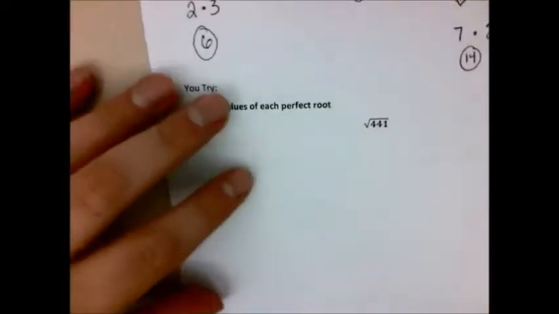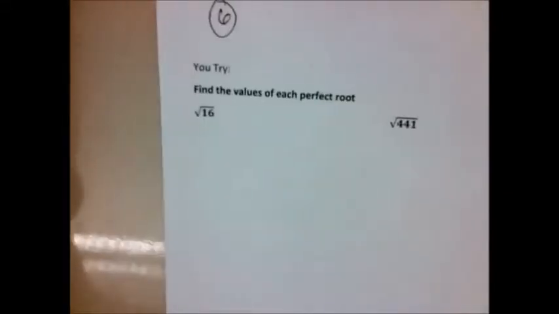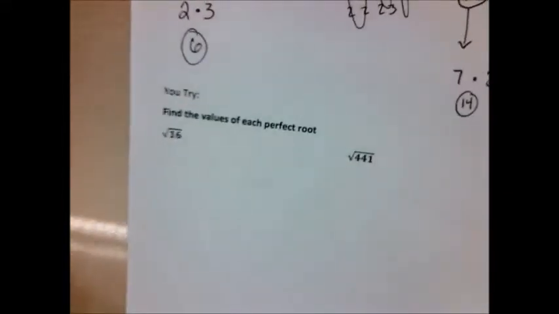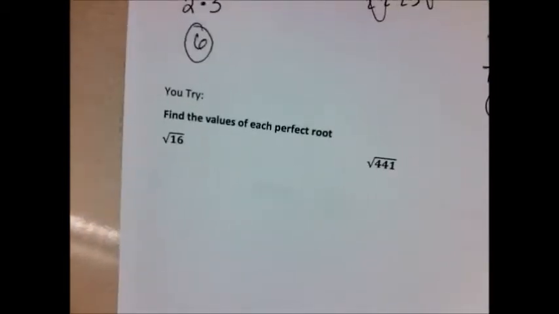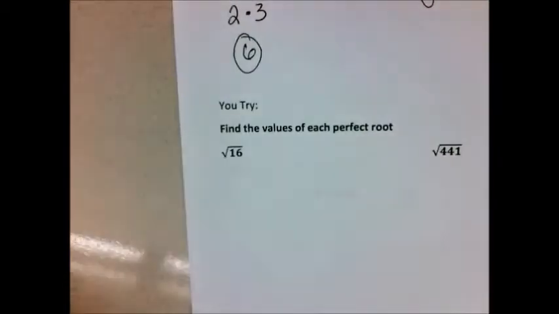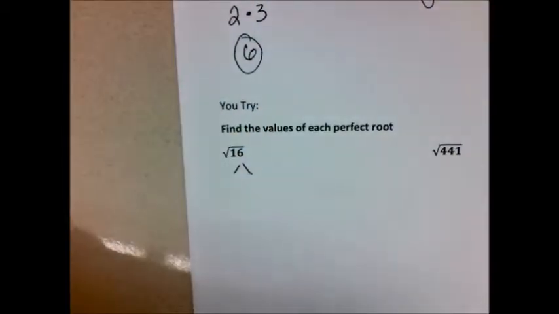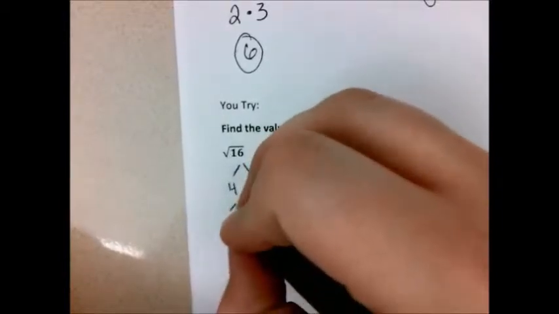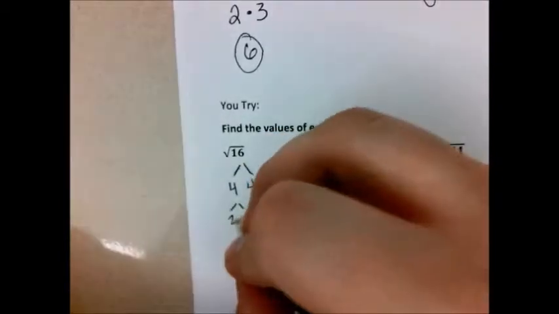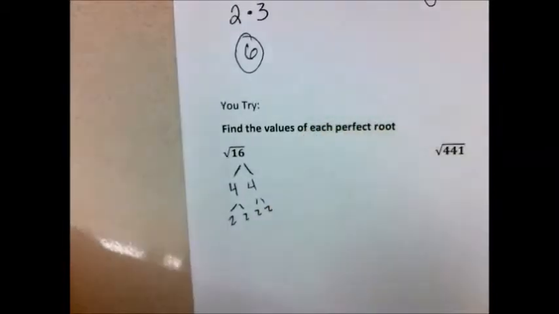Okay, same idea. Technically, you can look at some of these and just be able to tell what the square root is, but I'm going to just go ahead with the thing so that way we get used to trying to break it down into its most basic parts. So 16 breaks down to 4 and 4. This breaks down again into 2 and 2, 2 and 2.